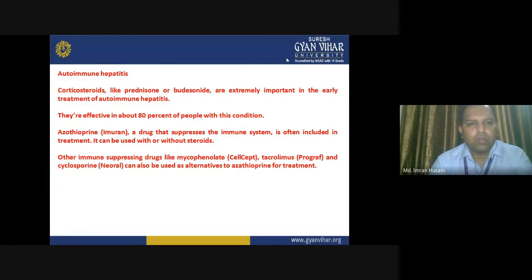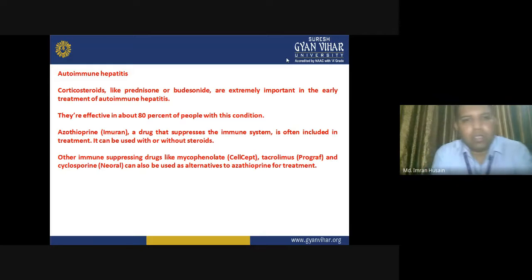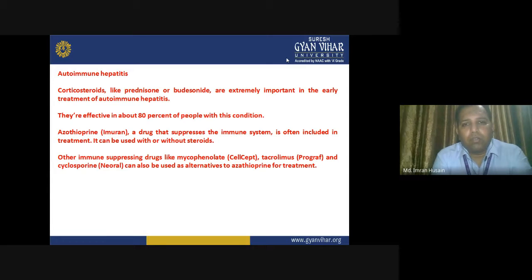So, when it comes to treating autoimmune hepatitis, corticosteroids like prednisone and budesonide are extremely important in early treatment. They are effective in about 80% of the people with this condition.